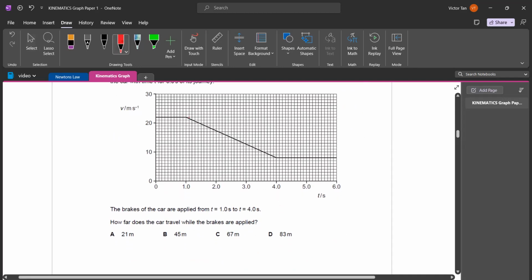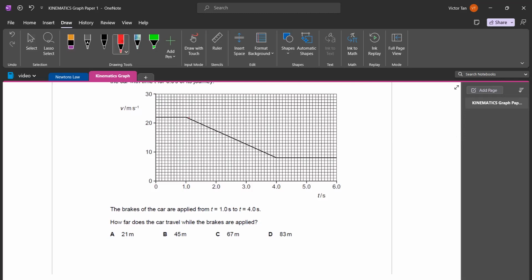You need to find the area below the graph, from 1 to 4, so you can find the area of a trapezium. This is 8, this is 32, and this is 3. So it's 15 times 3, 45.